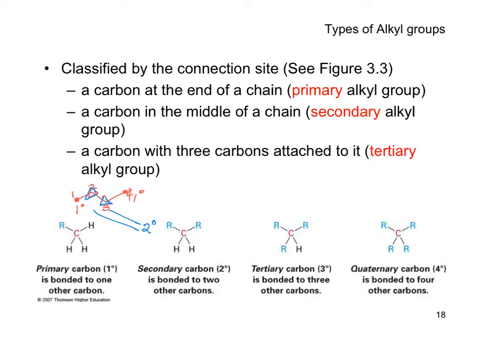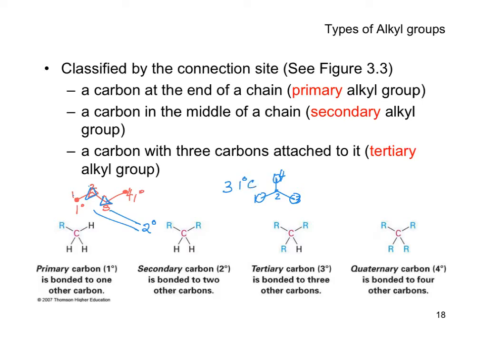If you wanted to compare that to perhaps isobutane, so now I have 1, 2, 3, and 4. If I have to locate all of my primary carbon atoms, I would say that carbon 1 has only one neighbor, C2. Carbon 3 has only one neighbor, C2 again. Carbon 4 has only one neighbor, C2 again. So there are 3 primary carbons.